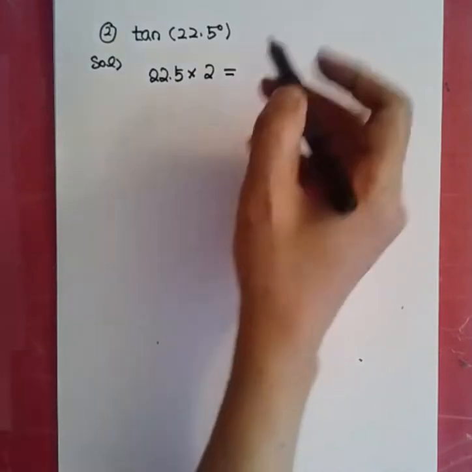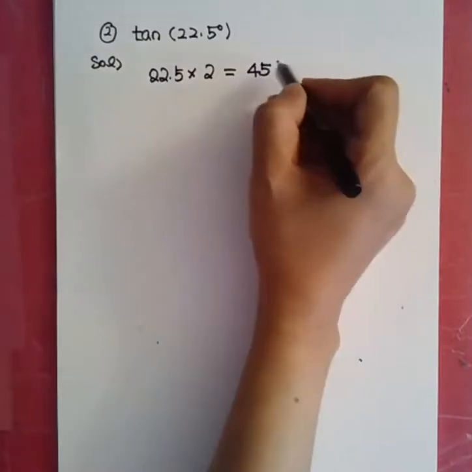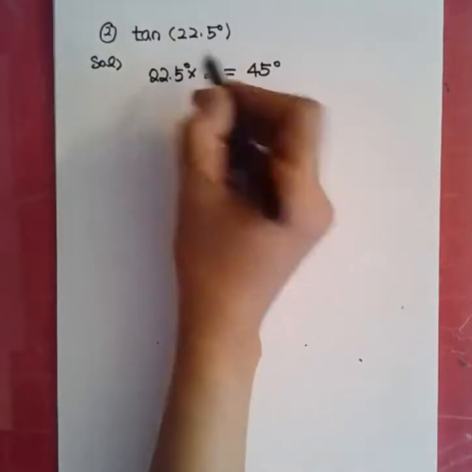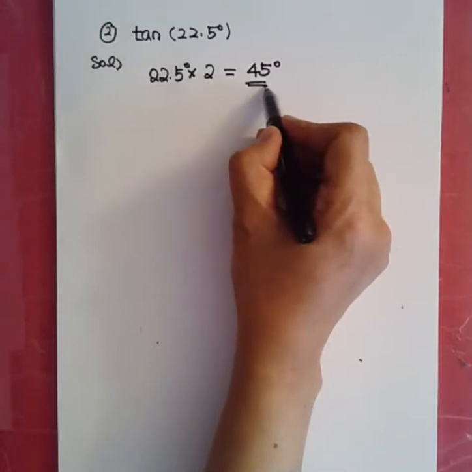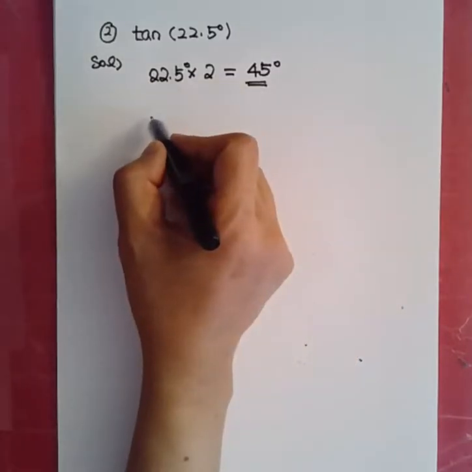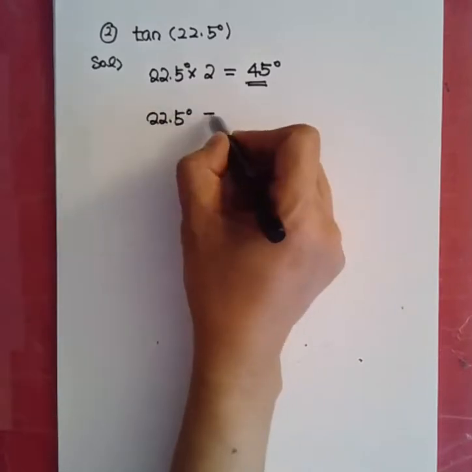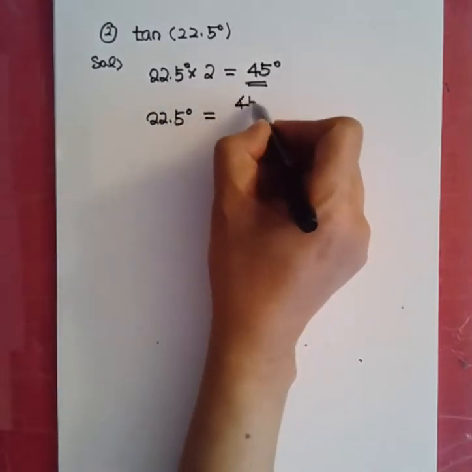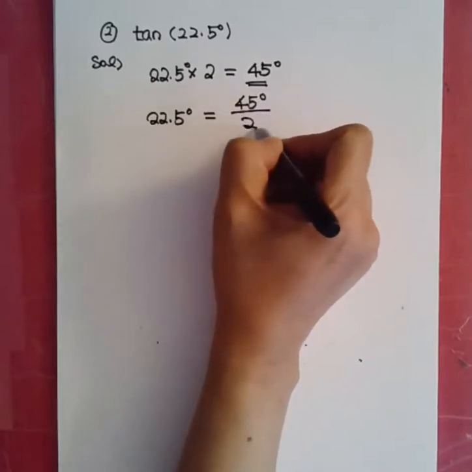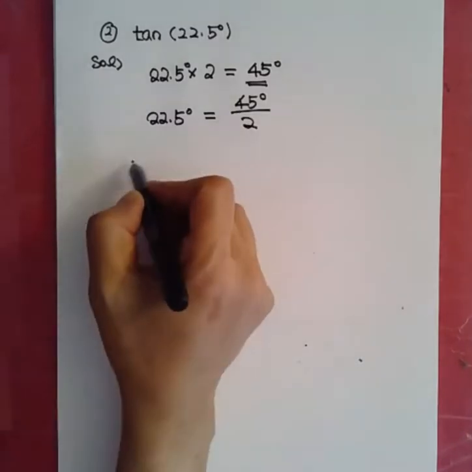If you calculate it, that is 45 degrees. So 45 degrees is a well-known angle, and we can re-express 22.5 degrees using 45 degrees: 45 degrees divided by 2, so half angle of 45 degrees.